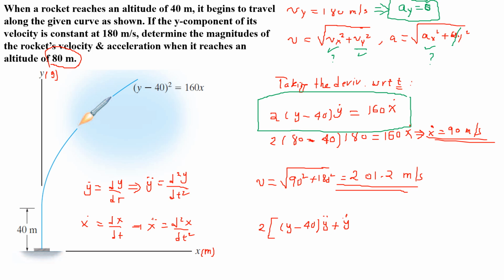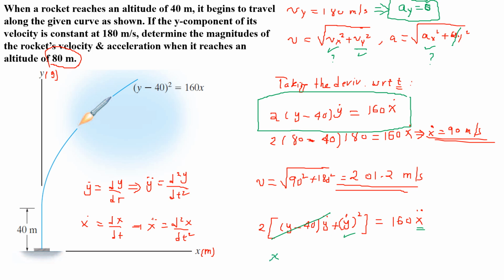So it will be y dot squared equal to 160 x double dot. We have said that y double dot here is 0 because that's ay. So this term here will be 0. And y dot is known, so I can now find x double dot.